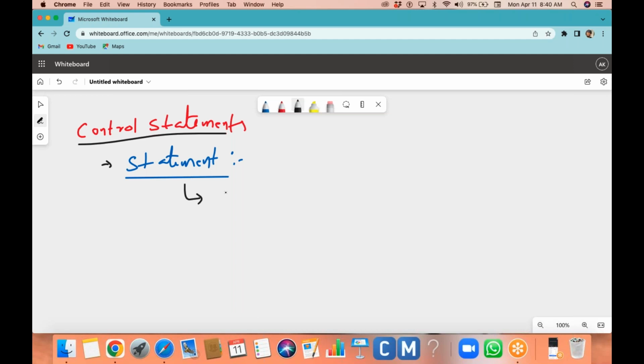What exactly is a statement? When you want to understand the statement, let me first understand the program. Program means what, guys? It's a collection of statements, right? Statement means an instruction in a program that could be executable.